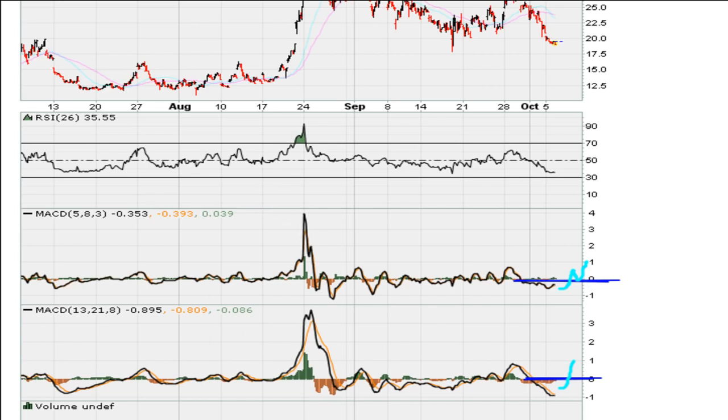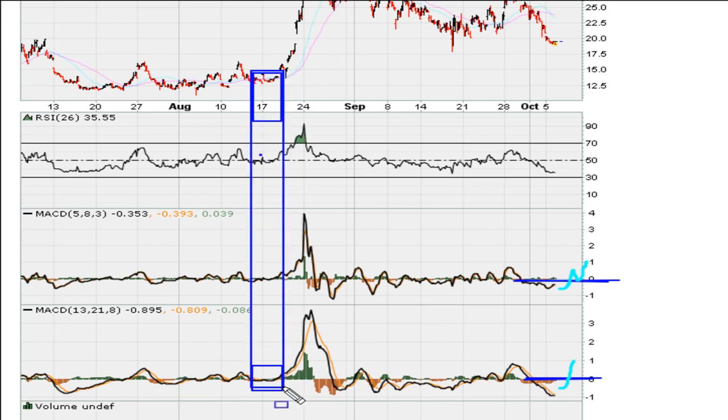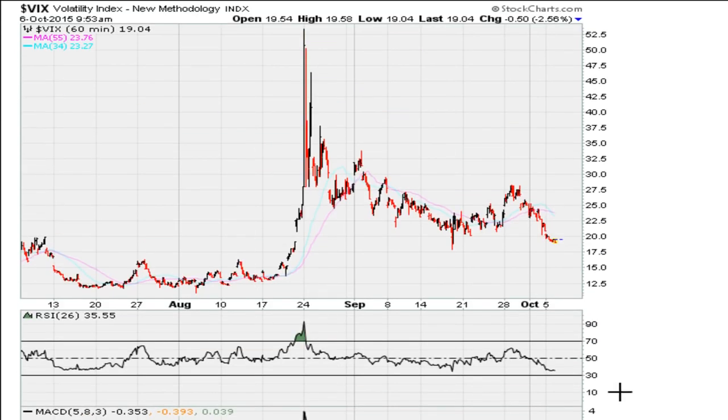For example, take a look at this period here, which began sometime around August 17th. It was a very instrumental period, and I want to show you what happened. Around August 17th, the market was trading here.